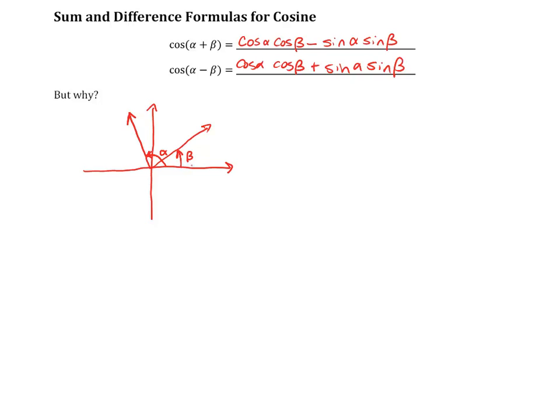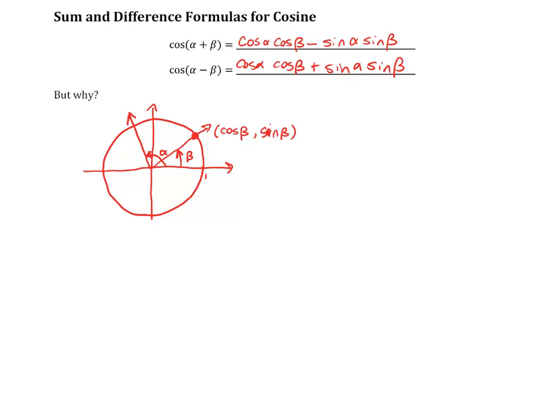Now, if I were to draw the unit circle on this graph, we know that where the angle beta intersects the edge of the unit circle has coordinates cosine of beta, sine of beta.